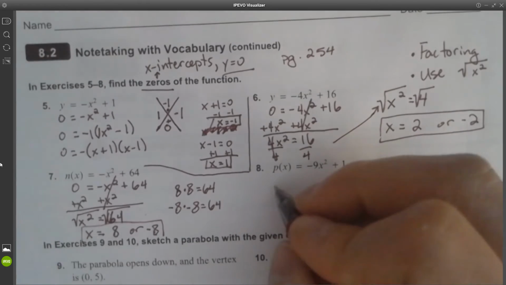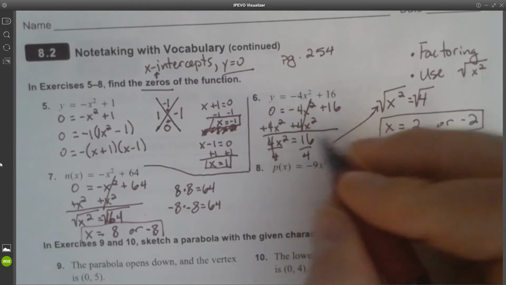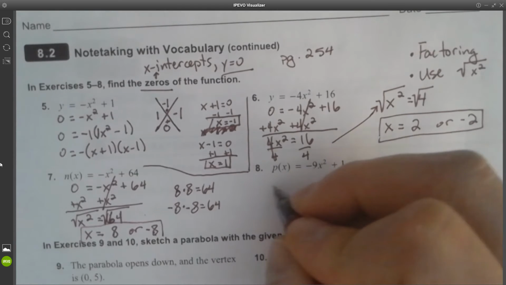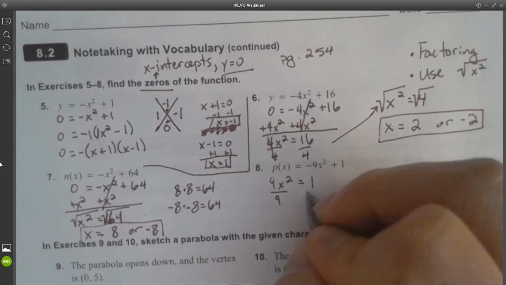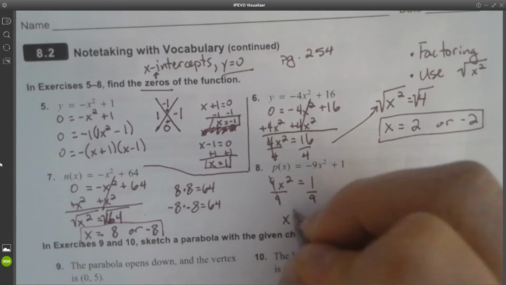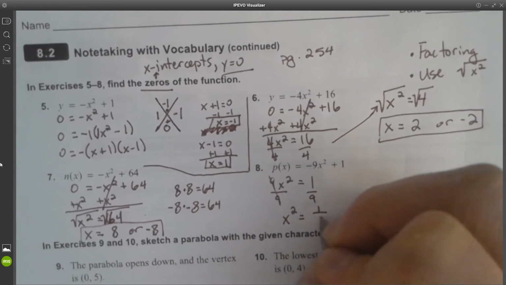One more with number 8. I'm going to skip those first two steps. Once I add the 9x squared over, I'd have 9x squared equals 1. If I divide by 9, now I'm working with x squared equals 1 over 9.